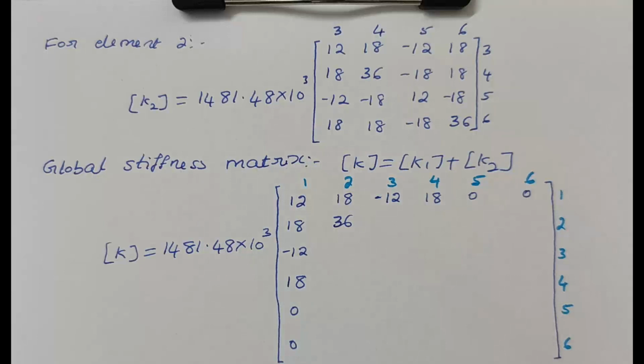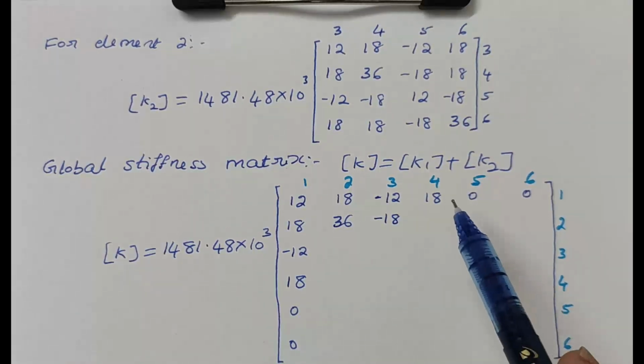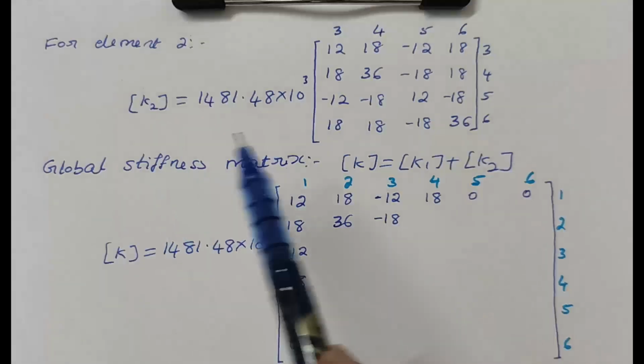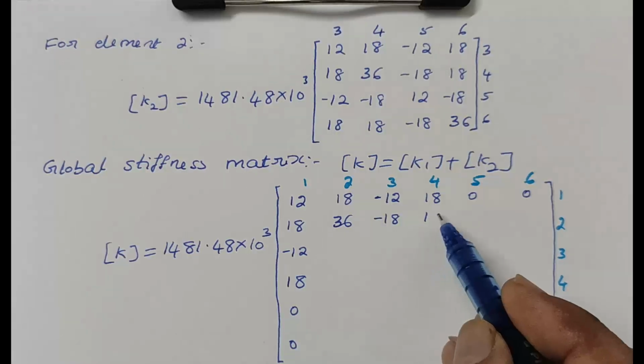Therefore it is minus 18. Next we need element corresponding to 4 and 2. In K1 here it is 18. In K2 we don't have any. Therefore it is 18.